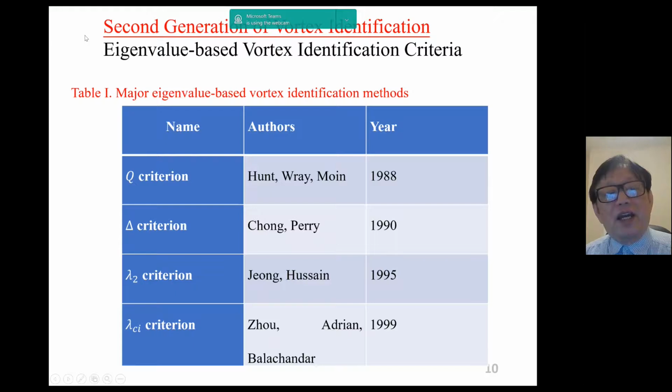Since vorticity cannot be used to represent a vortex, quite a lot of vortex identification criteria were developed in the past four decades. The more popular ones are Q, Delta, Lambda 2, Lambda-ci, etc. Q, given by Hunt, 1988.